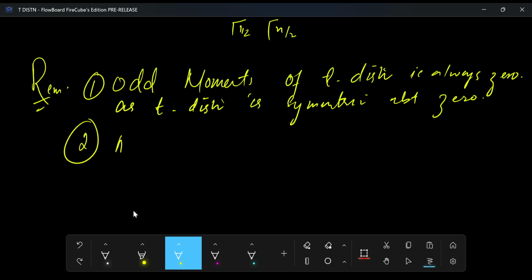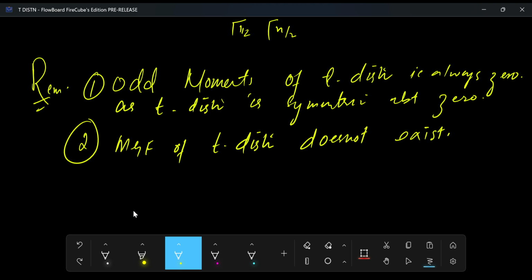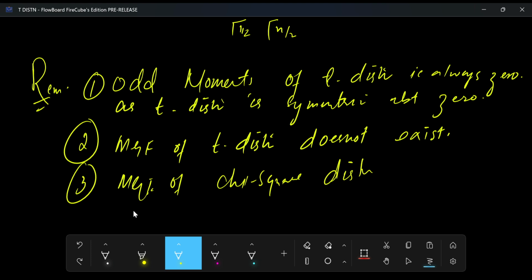And point number 2, MGF of T distribution does not exist. And number 3, MGF of chi-square distribution also does not exist. The MGF of both of these does not exist, okay? So now let's move ahead.